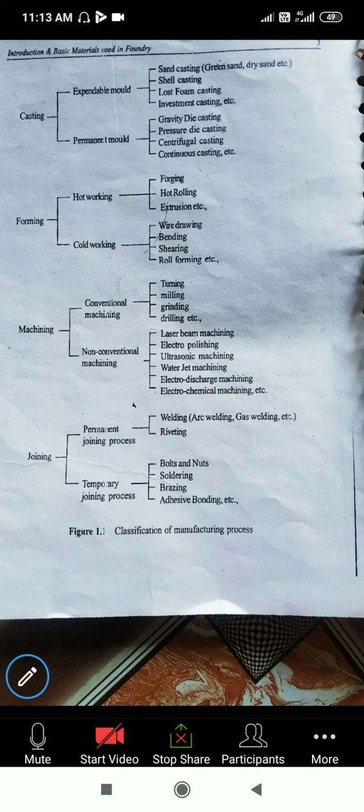Bending. In bending, you can see this is also cold working. If you go to the civil side, the construction area, centering is done for the slab concrete.